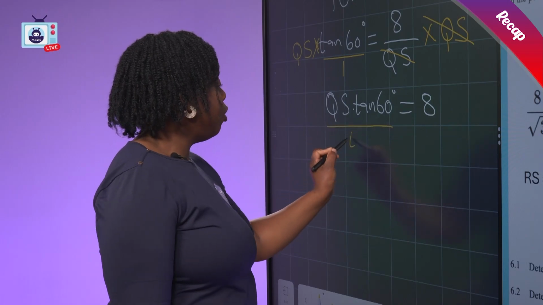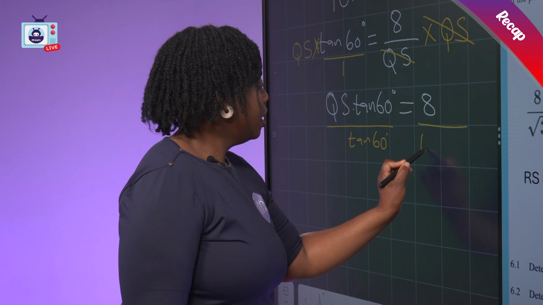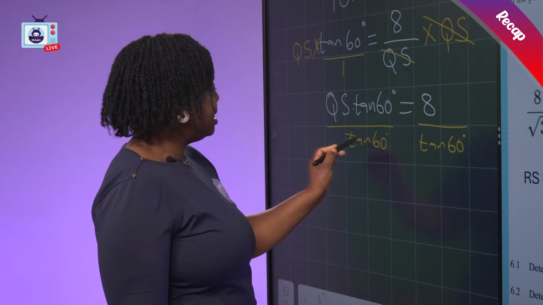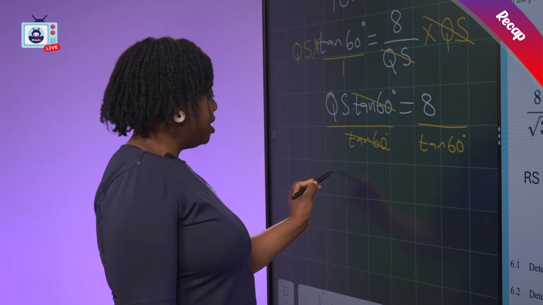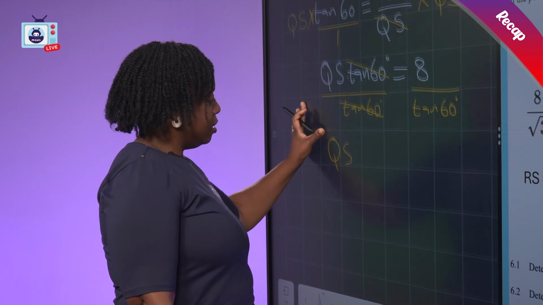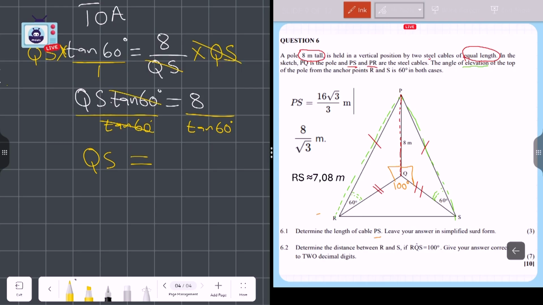So we'll divide both sides by tan 60, and our tan 60 will divide, then we remain with QS. So that means QS will be equal to 8 divided by tan 60.